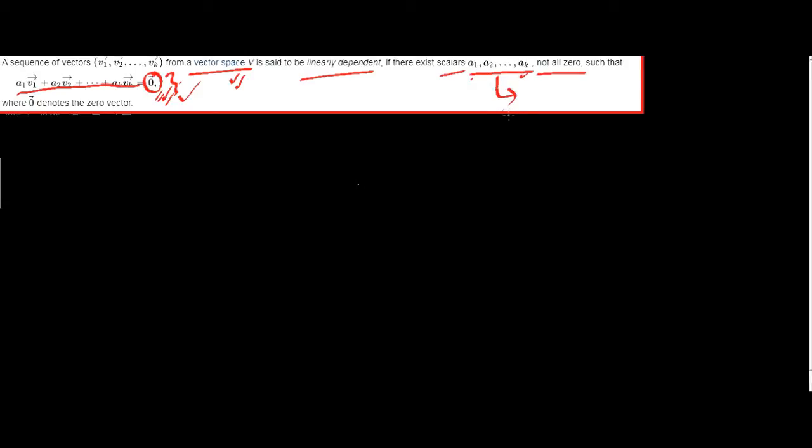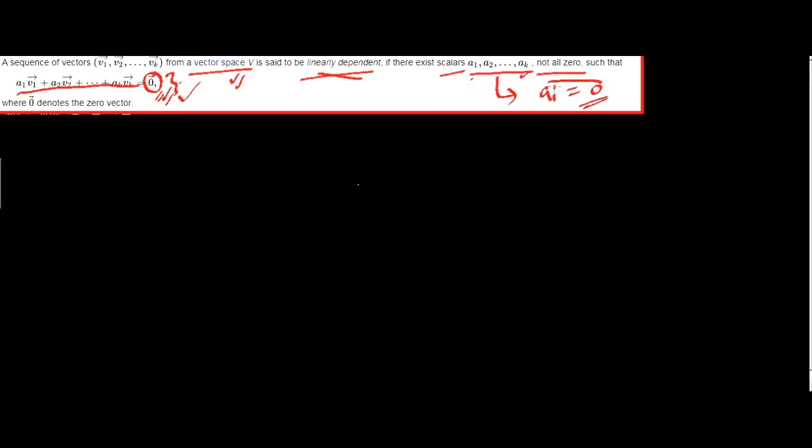So this is a condition for linearly dependent vectors. What if there exists no such solution other than a1, a2 and all ak's equal to 0?